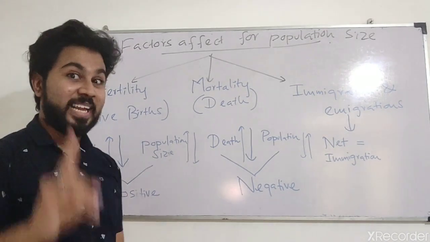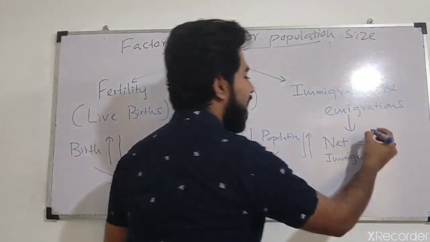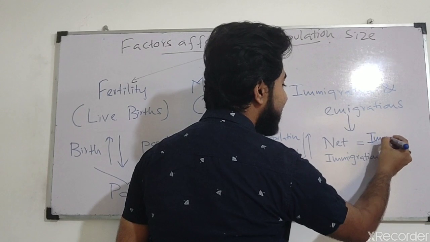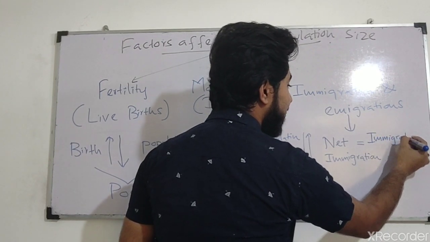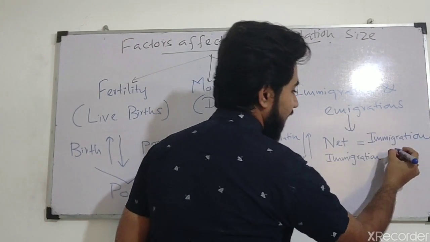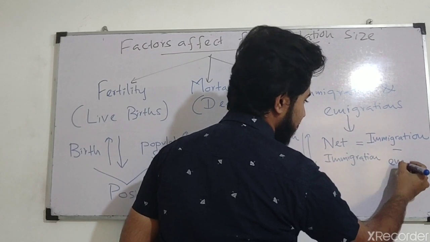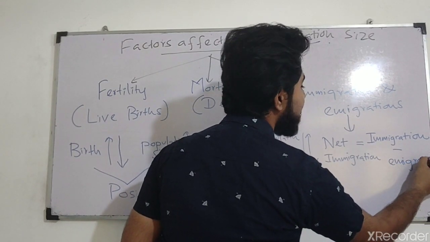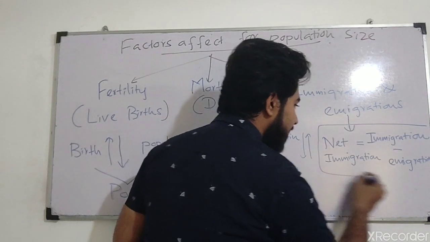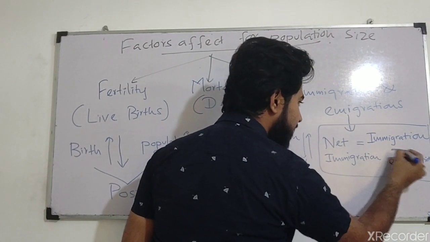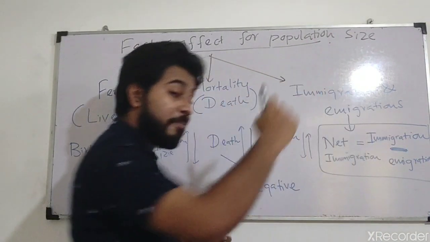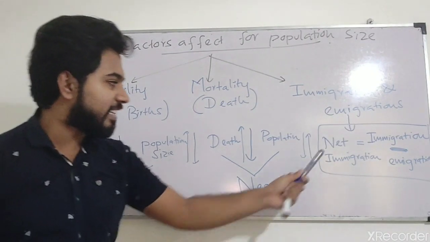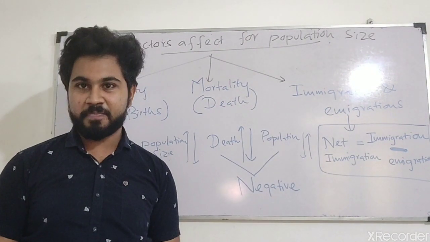My dear students, please keep in mind, net immigration is the difference between immigration and emigration. That means immigration minus, subtract emigration is known as the net immigration.